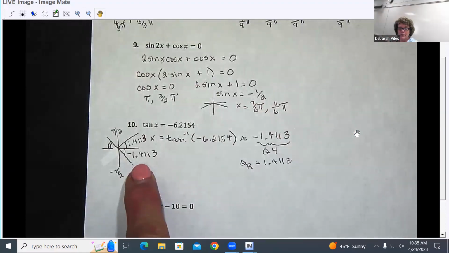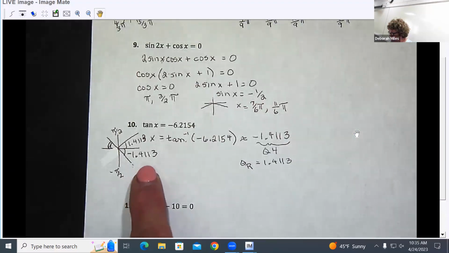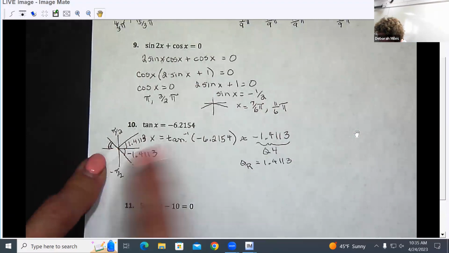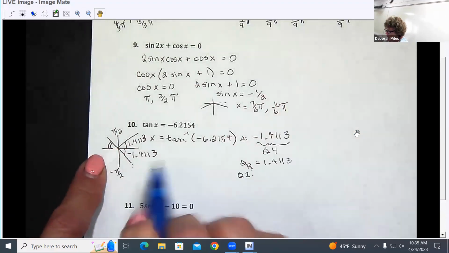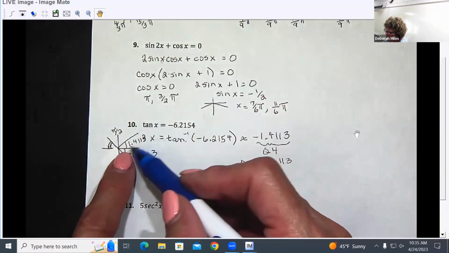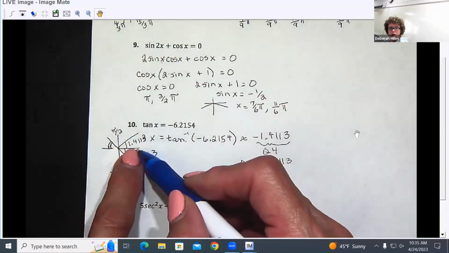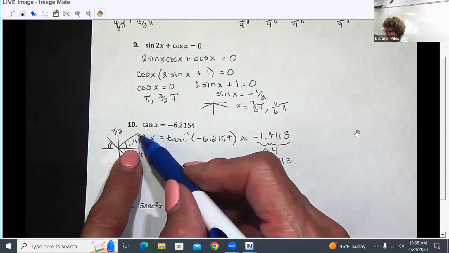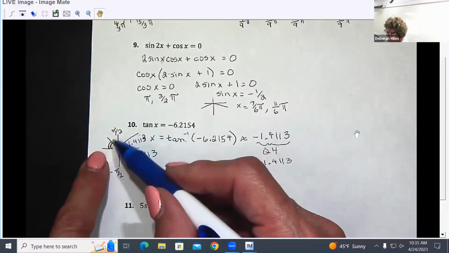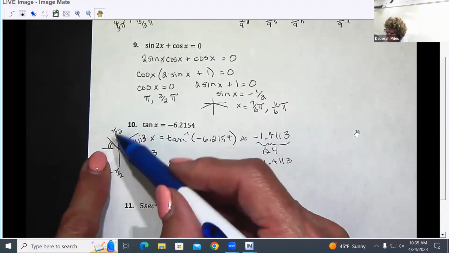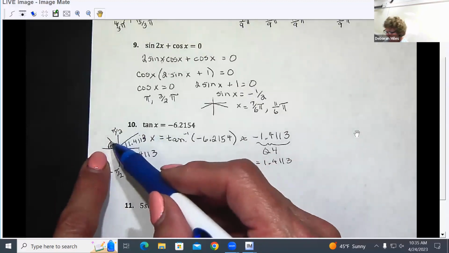this angle, but written as a number between 0 and 2 pi. To get this second quadrant angle, if the reference angle is about 1.4 radians above the positive x-axis, then this angle I'm looking for in the second quadrant is about 1.4 radians above the negative x-axis.